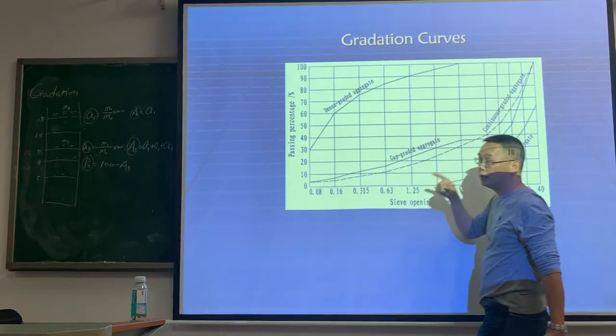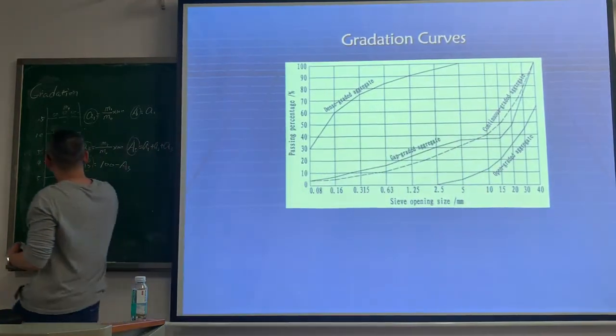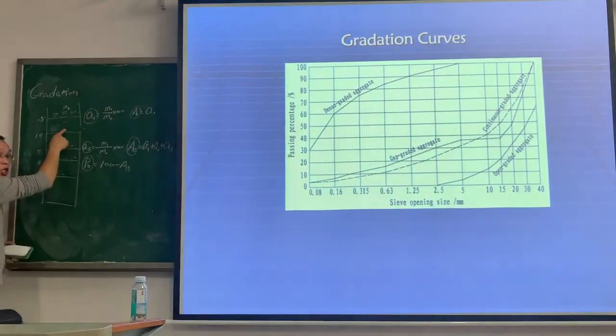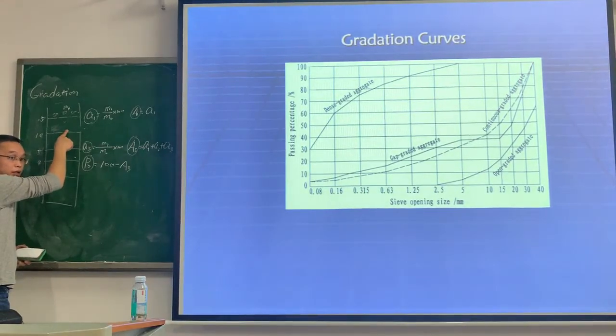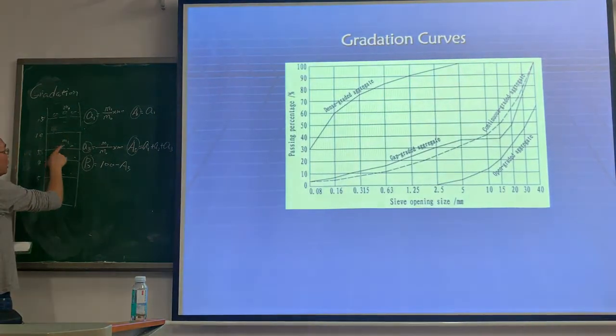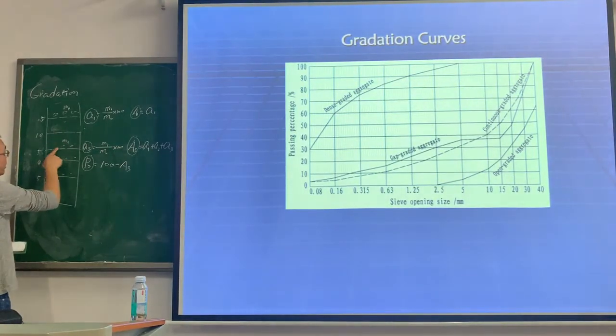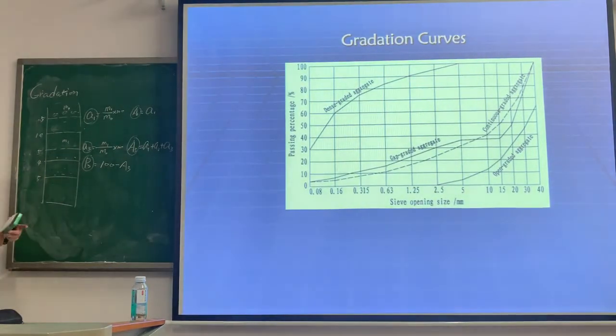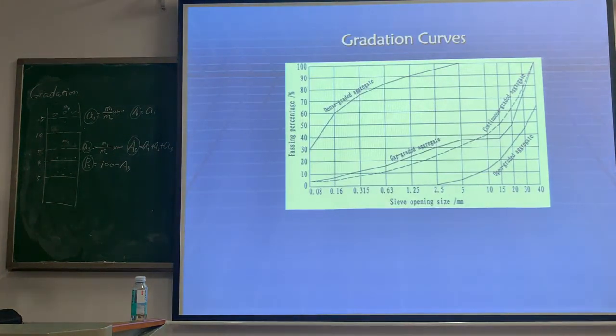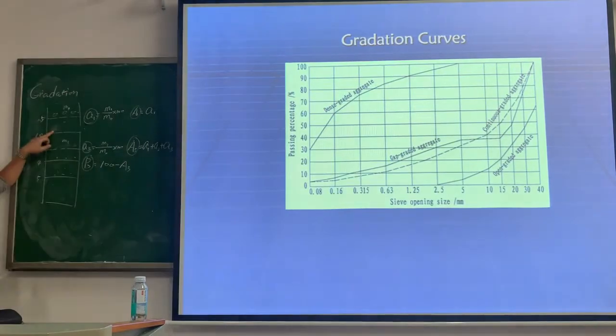They are the same, so there is no aggregate here. So what is gap grading? Gap grading means there is no aggregate at one or two or more stages.